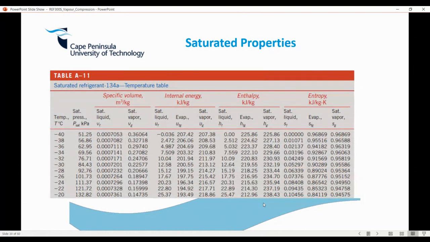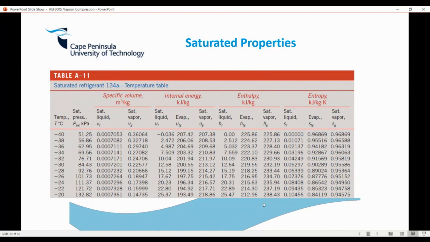And hfg is the amount you have to add. So basically you have a liquid which is completely saturated, and the amount of energy required to take it to vapor is hfg. I want you guys to be aware of that.